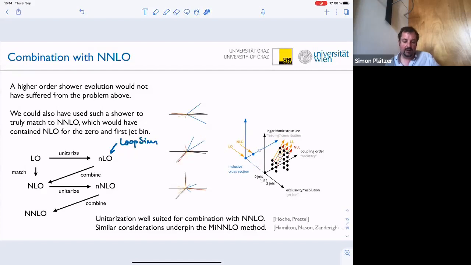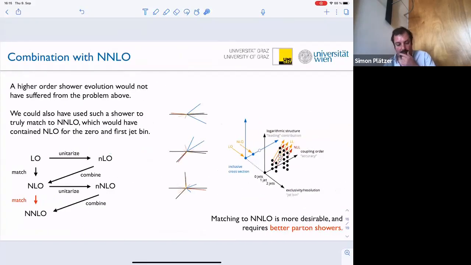And a very similar consideration, though with much more analytic insight, is behind the NNLO methods. But in the end, they follow a completely similar paradigm.